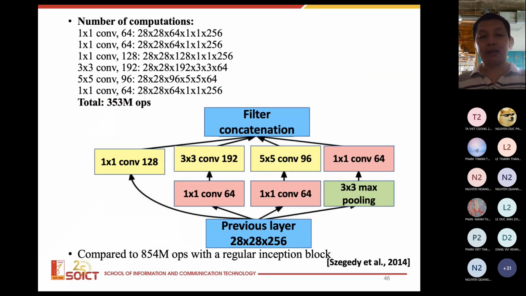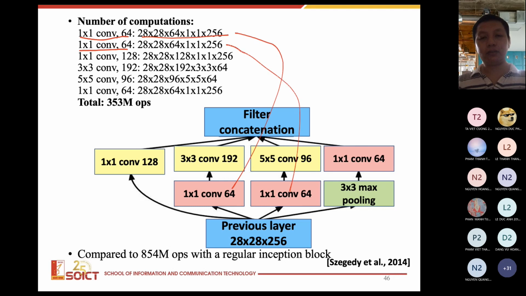Now we calculate the number of computations. The 1 by 1 convolution with 64 channels has this number of computations, and the other 1 by 1 convolution with 64 channels has the same number.